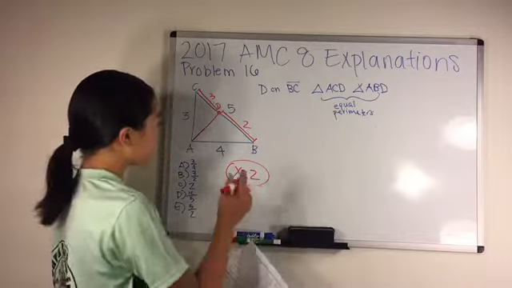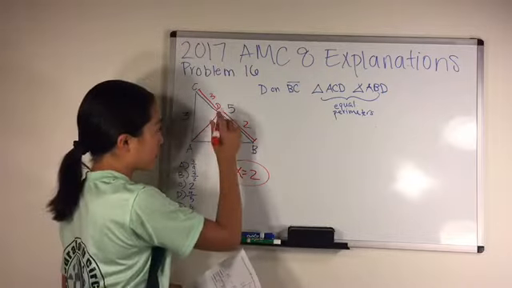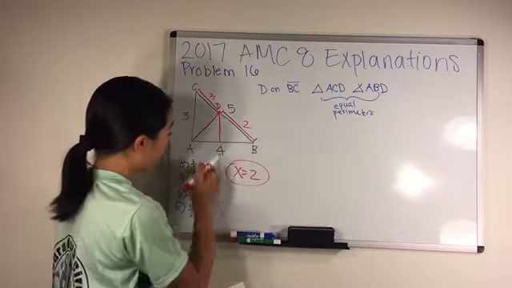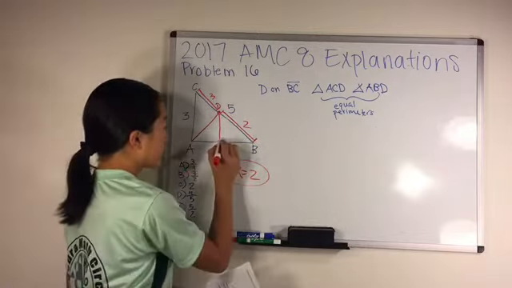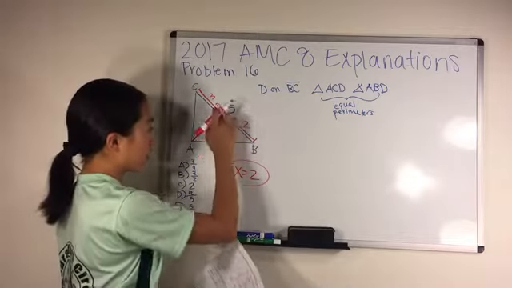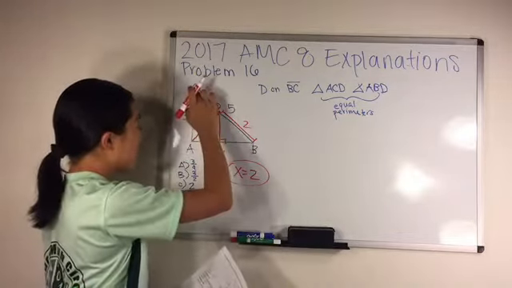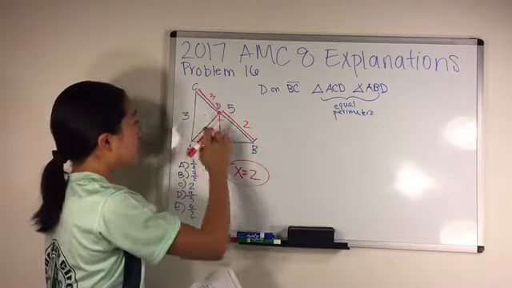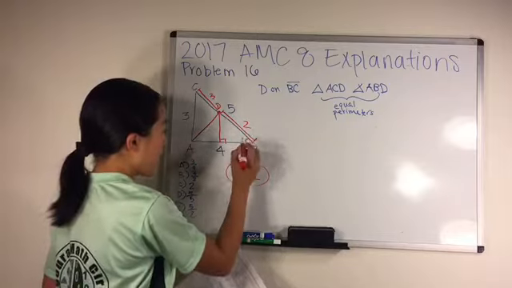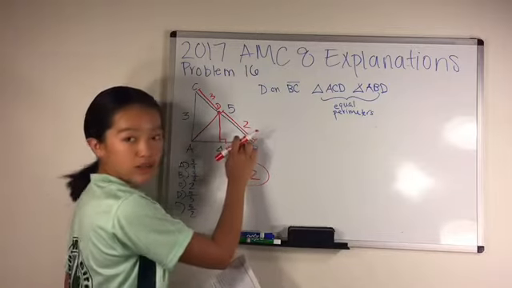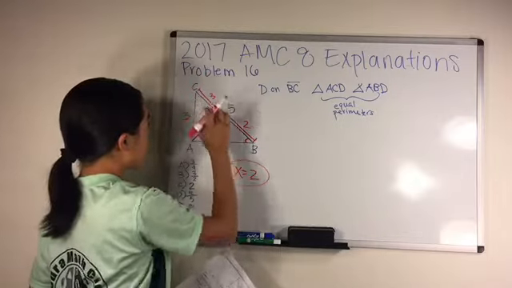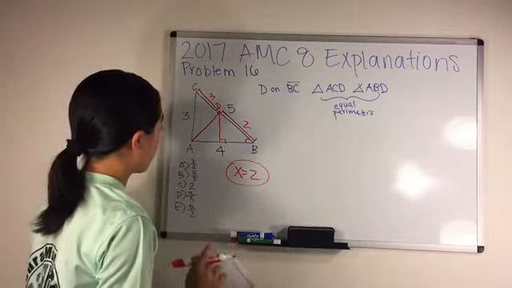From here, we could draw the height of this triangle ABD by making it perpendicular to line AB, where there's a right angle. Now, if you look closely, you can realize that this right triangle that we've drawn is similar to the larger right triangle, because they both share a 90-degree angle, and they share the value of this angle, which means this angle must be equivalent to angle ACB.